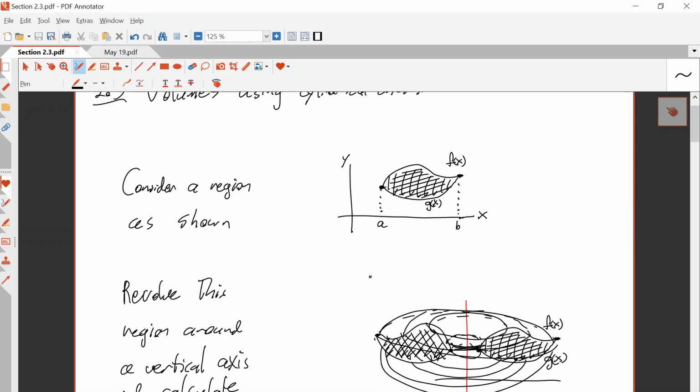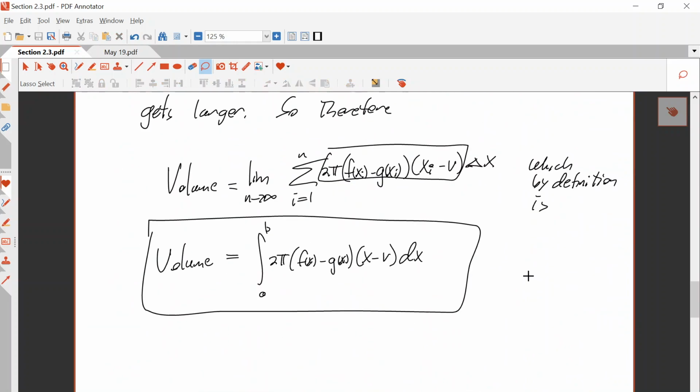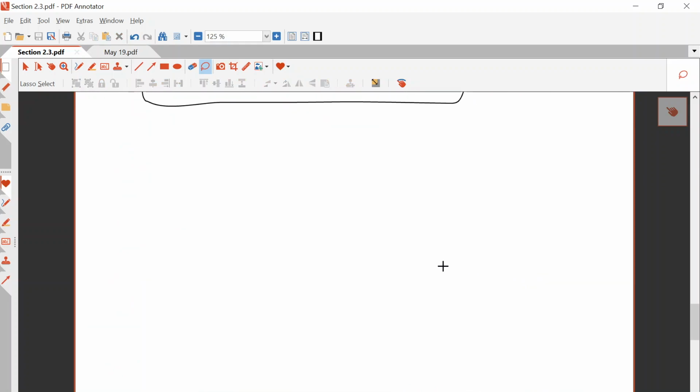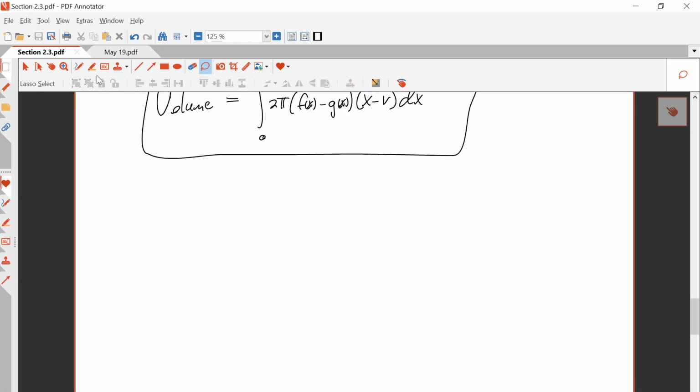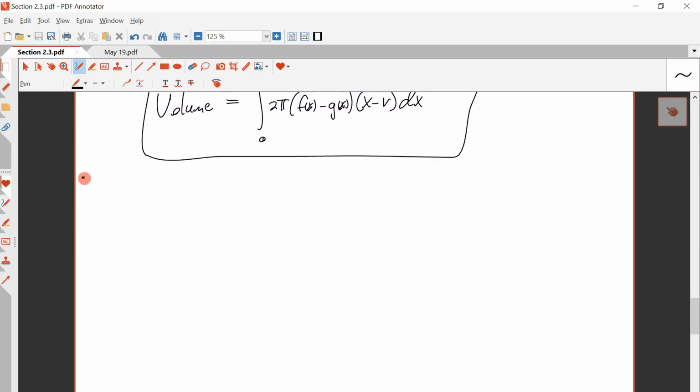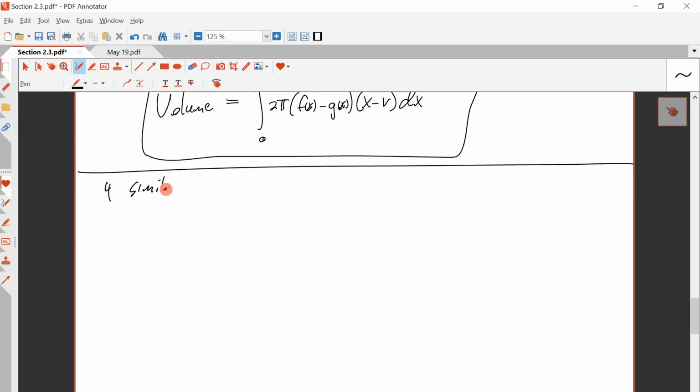So we've got this region here. So for similar calculations, or volumes by shells.